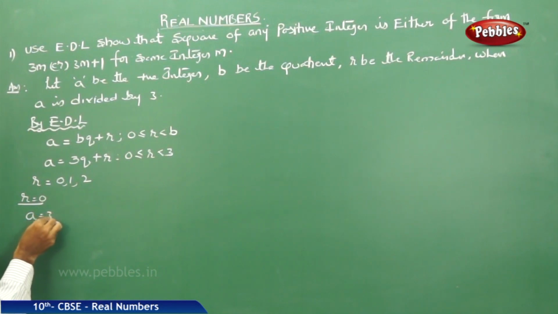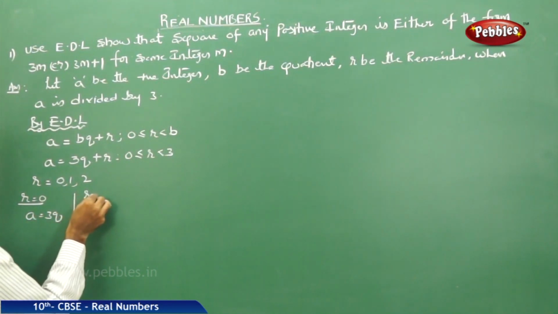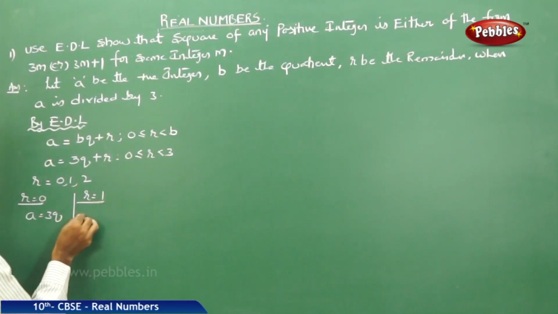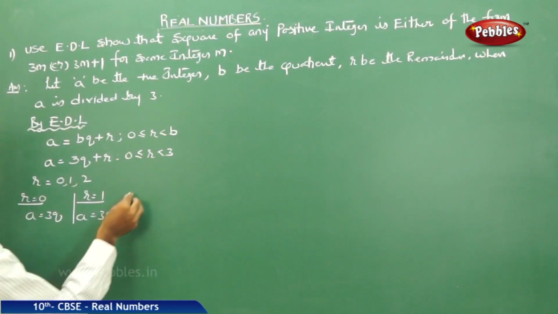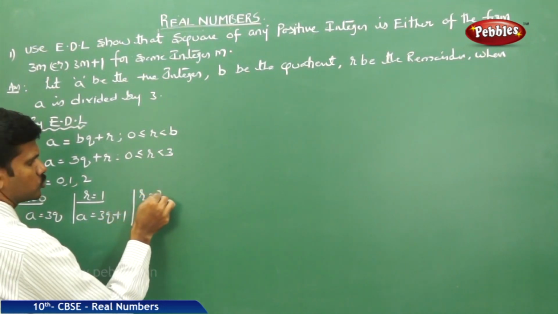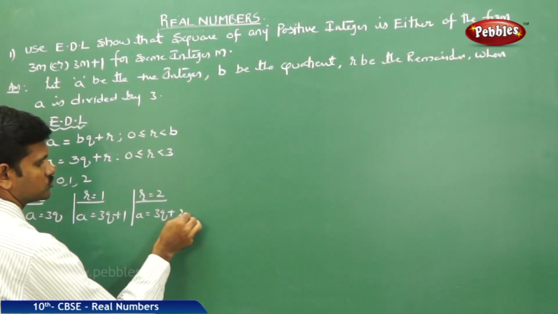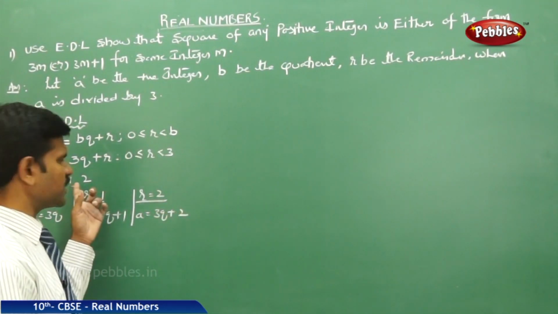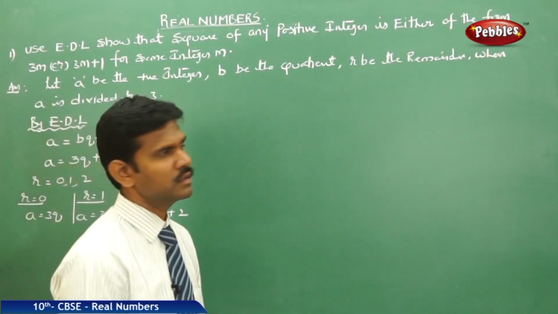A is equal to 3Q. If R is equal to 1, A is equal to 3Q plus 1. If R is equal to 2, A is equal to 3Q plus 2. For different values of R, here we got 3 different cases.